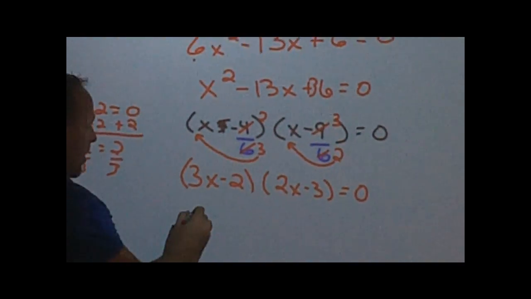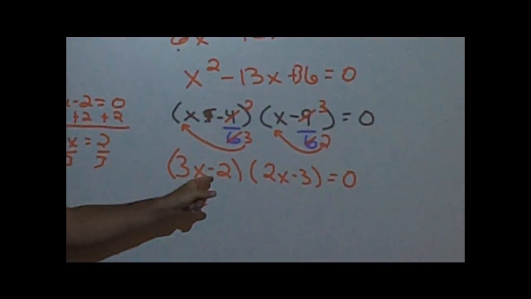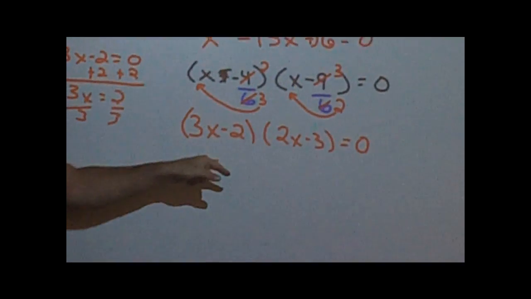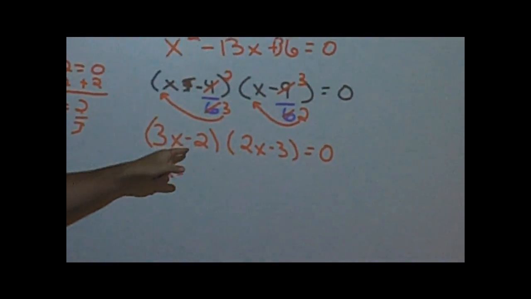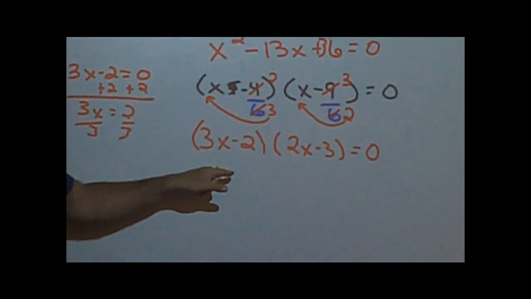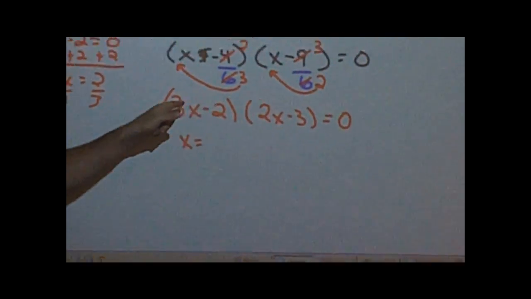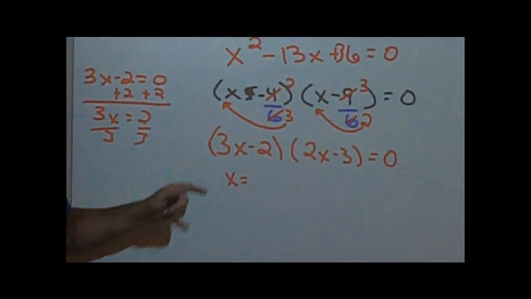Your answer is always the opposite of your sign. So if it's negative, your answer will be positive. It will always be constant divided by coefficient.